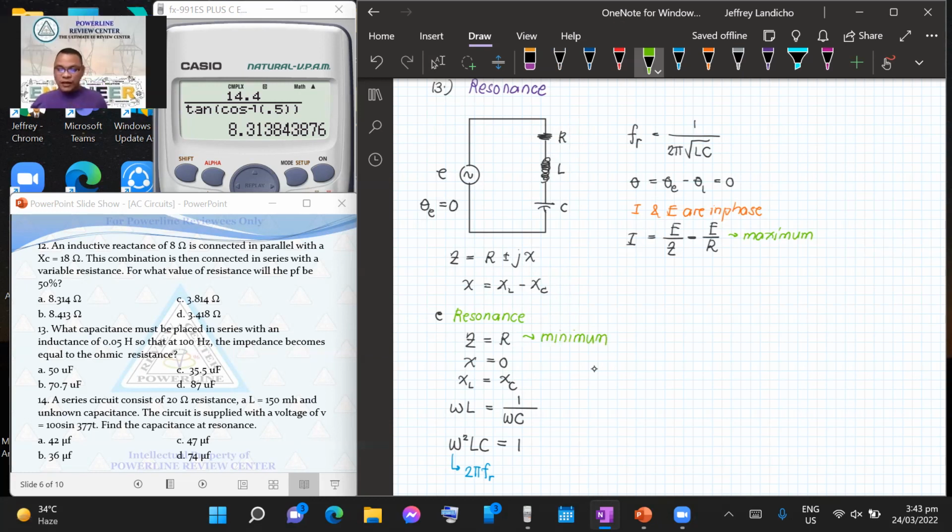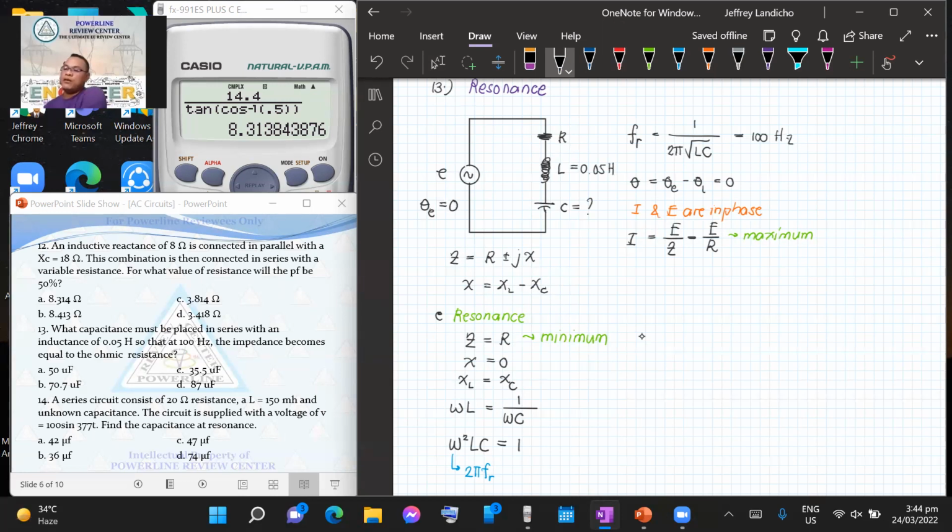So therefore, hinahanap ng problem, what should be the value of this capacitance when connected in series with this inductance of 0.05 Henry? What would be the value of this capacitance so that at 100 Hz, the impedance becomes equal to ohmic resistance. So in that case, yung ating resonance frequency for this given problem is equal to 100 Hz.